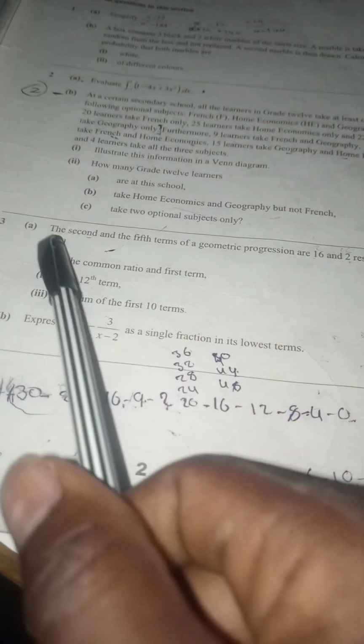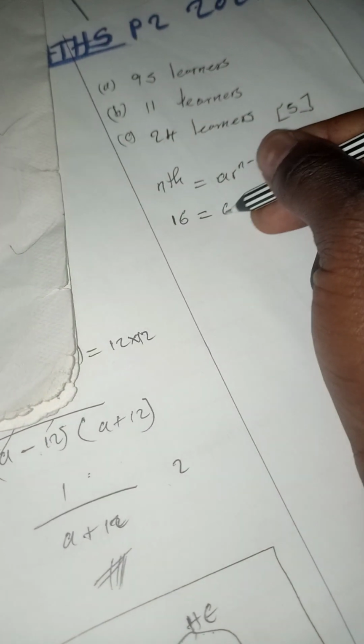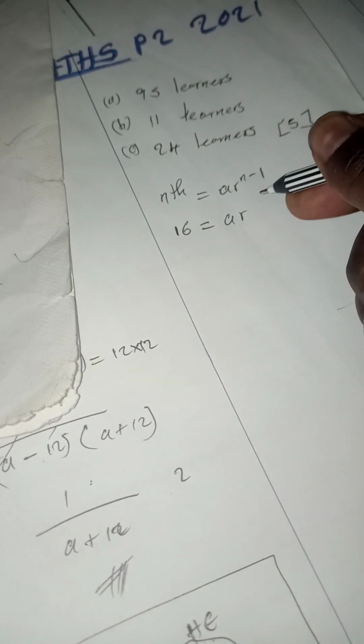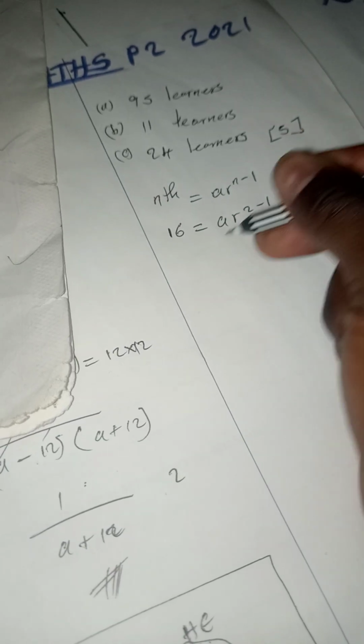So now in this question we are saying that 16, so the second and the fifth, so meaning 16 is the second. So 16 is equal to, we are saying 16 is the second, so meaning here there is 2, then minus 1.